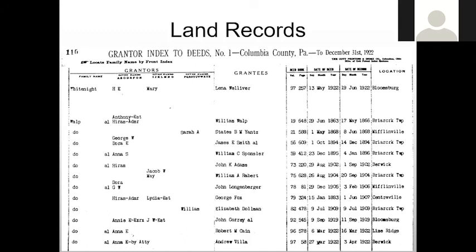In many cases, land records might not have been recorded until they were getting ready to sell the land. You'll notice on the left, extreme left, a number of DOs listed there. That just stands for ditto, and you will find this also in census records. So the people in the whole list all have the same last name.